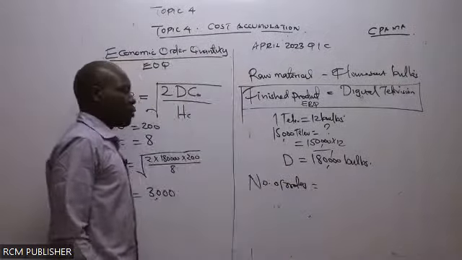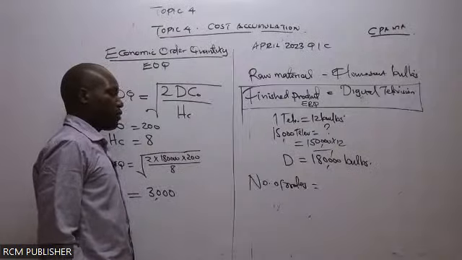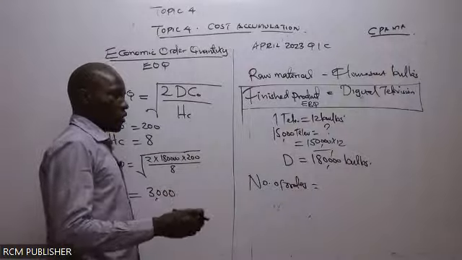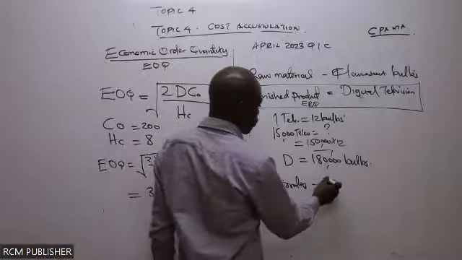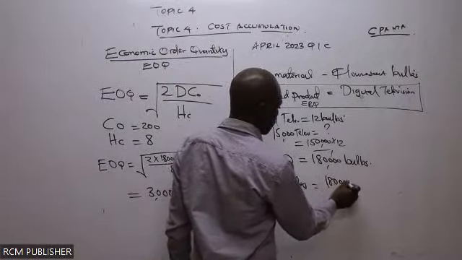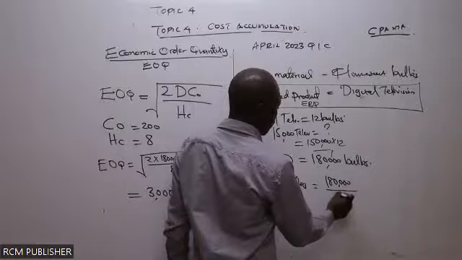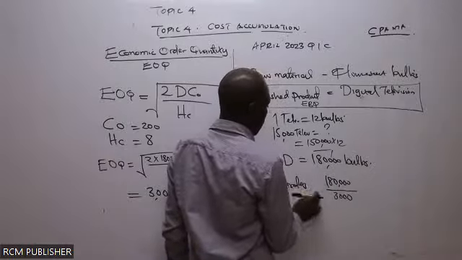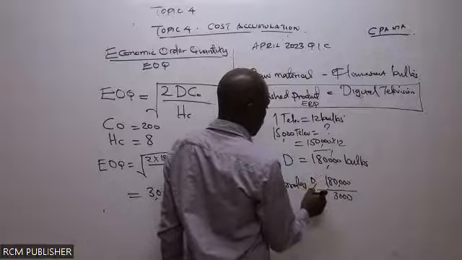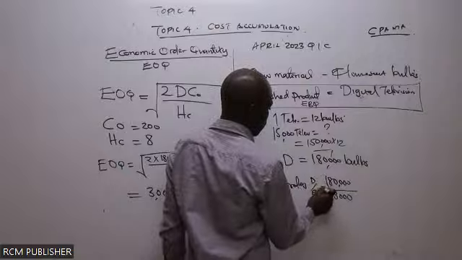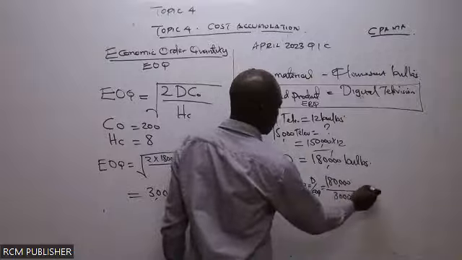Number of orders, we must first of all get demand, which we already have, and then we divide by economic order quantity of 3,000. So it is equal to demand over economic order quantity. If we divide this, what are we getting?